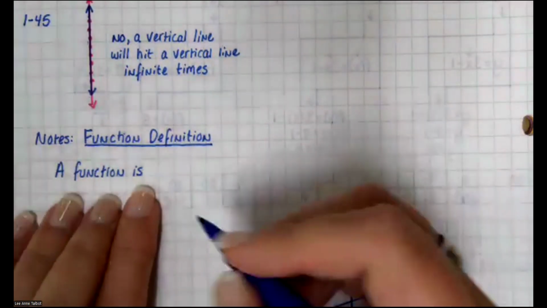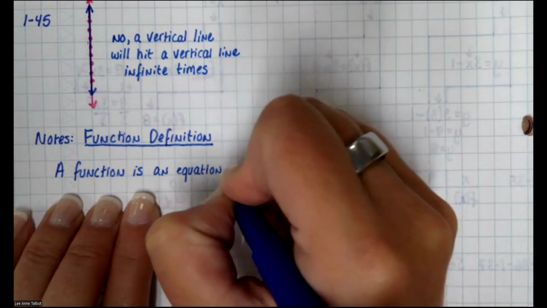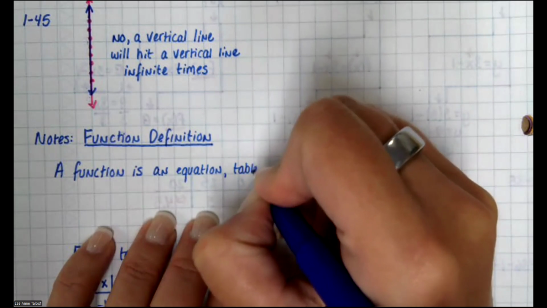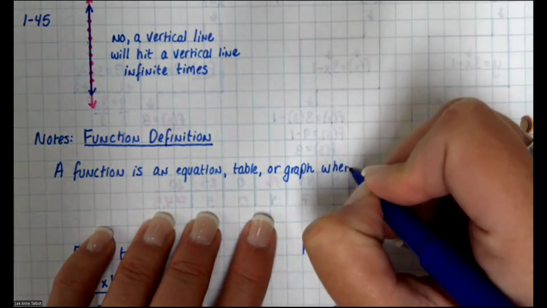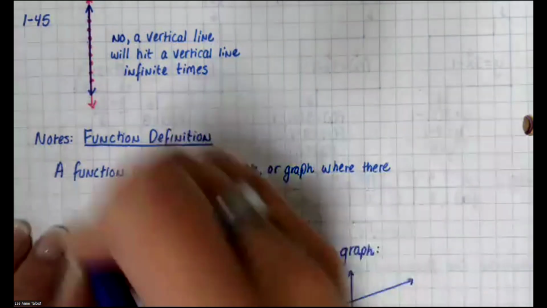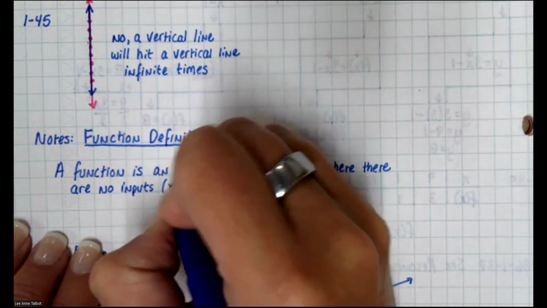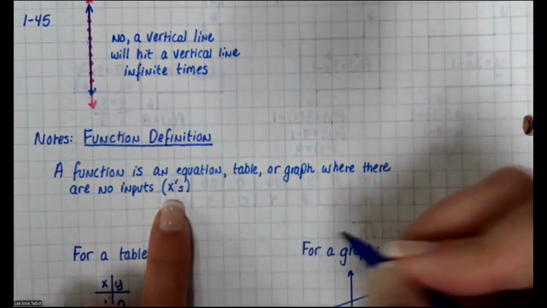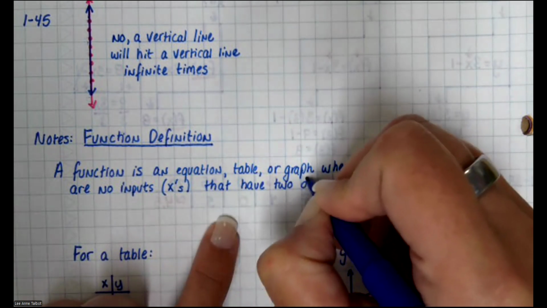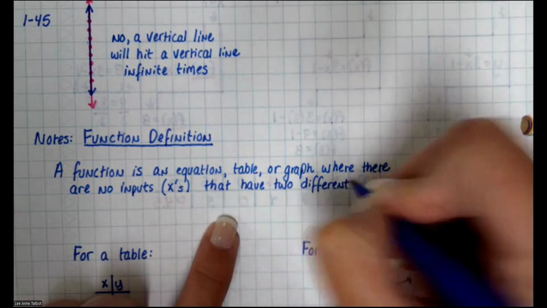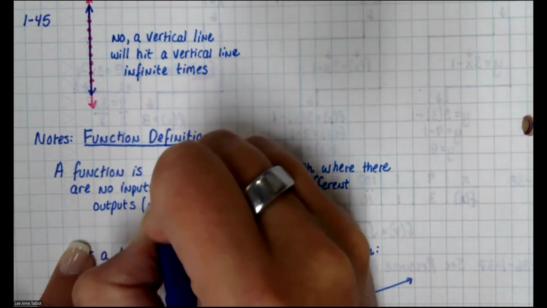Okay, let's do the function definition. A function is an equation, table, or graph where there are no inputs, and I'm going to make sure we say that that's x's, that have two different outputs, which are the y's.